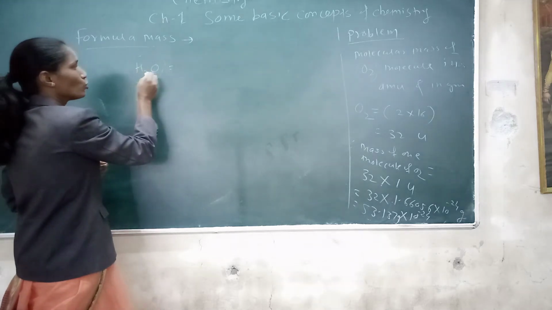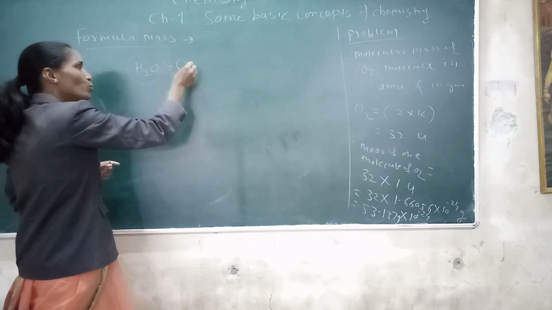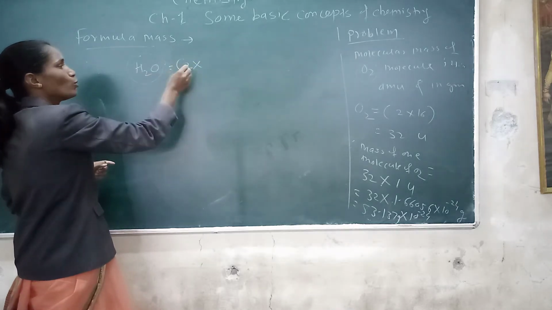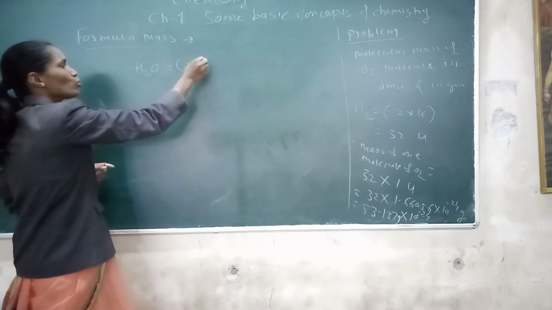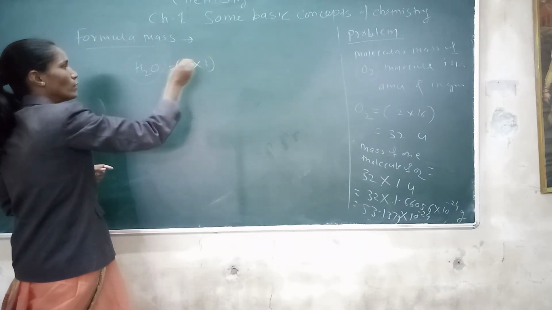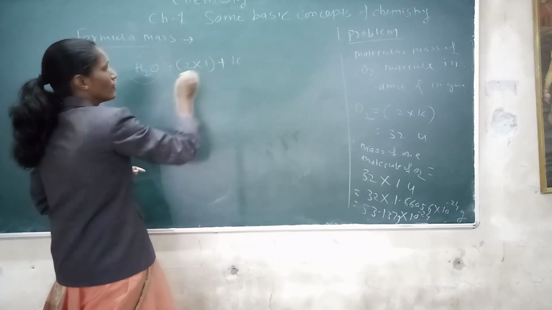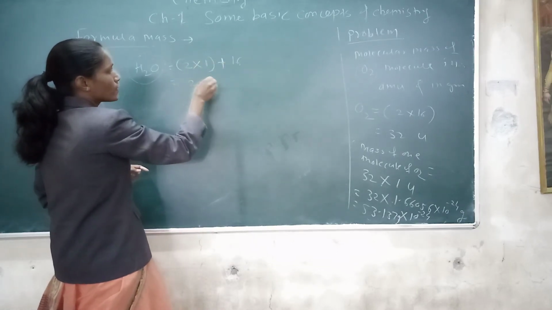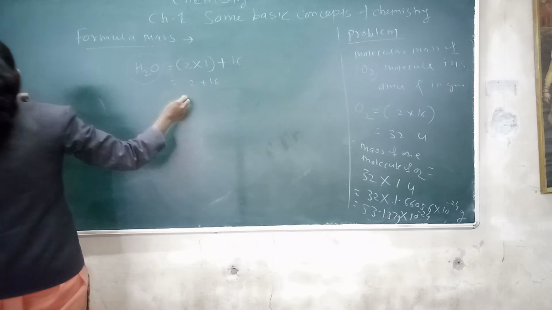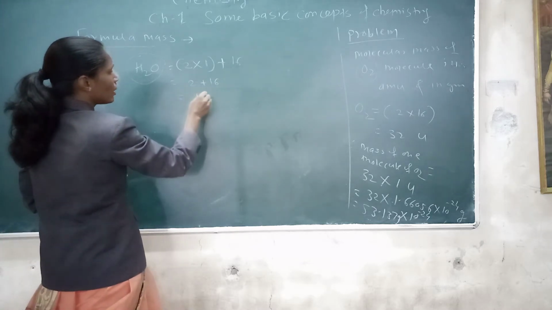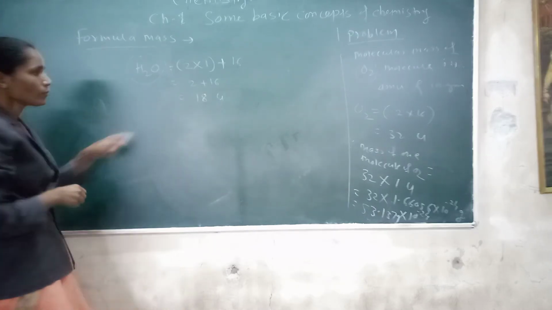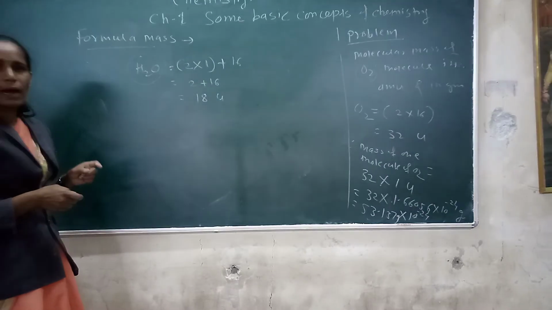That is H2, 2 hydrogen means 2 into 1, hydrogen shows 1, plus oxygen shows 16. Therefore 2 plus 16 is equal to 18, which is the formula mass.